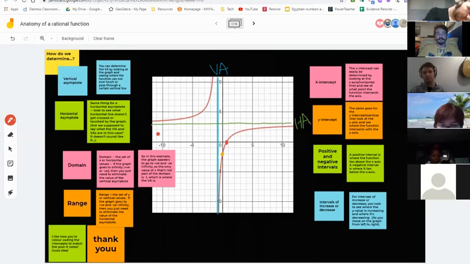So can you tell us in this specific case in which interval or intervals this function is positive? Okay, so the positive interval, let's see, you've got that left-hand wing, the upper left branch of the function.